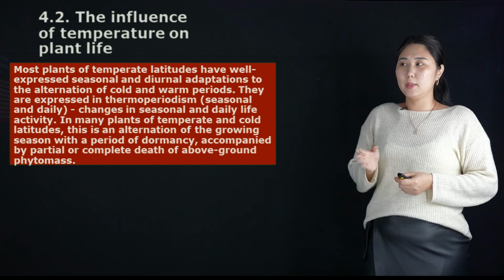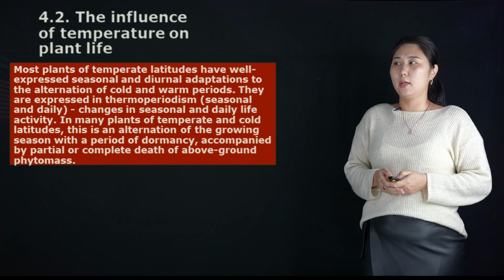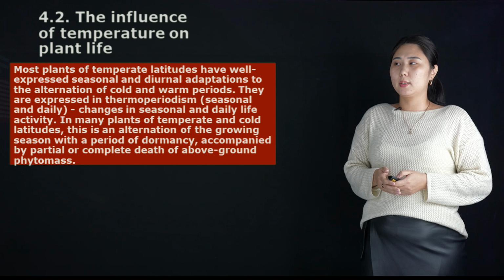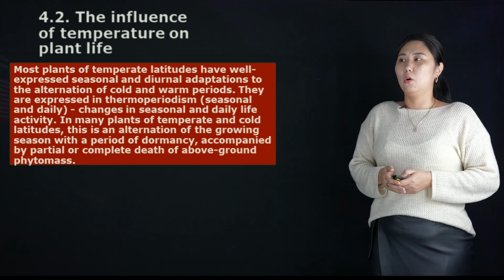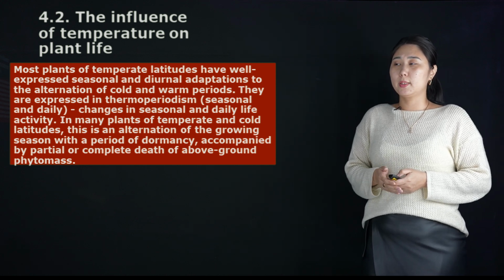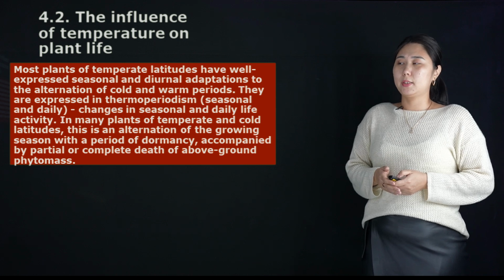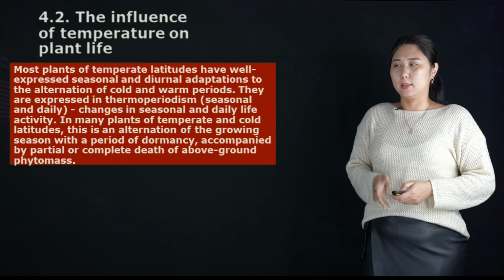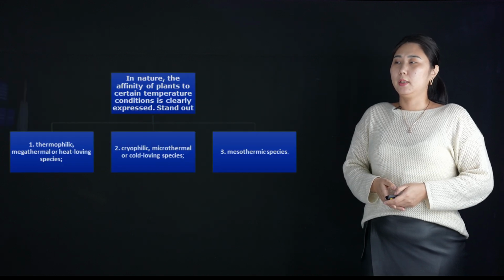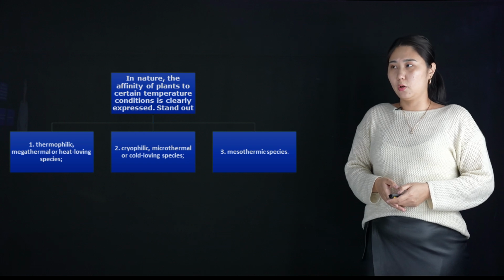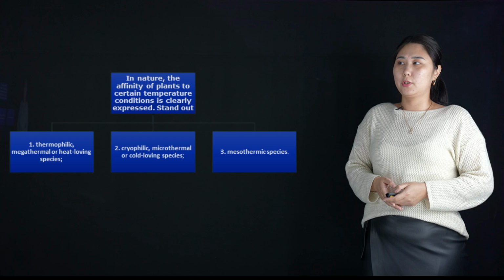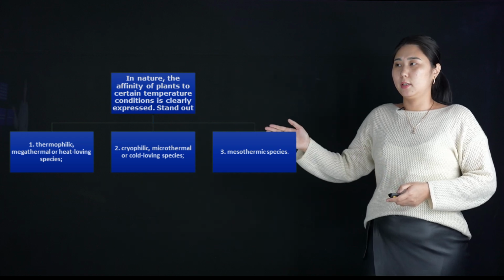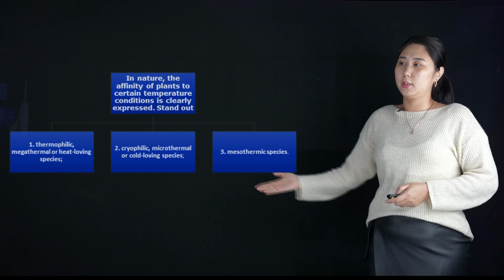In many plants of temperate and cold latitudes, there is an alternation of the growing season with a period of dormancy, accompanied by partial or complete death of above-ground phytomass. In nature, the affinity of plants to certain temperature conditions is clearly expressed. They are divided into three types.